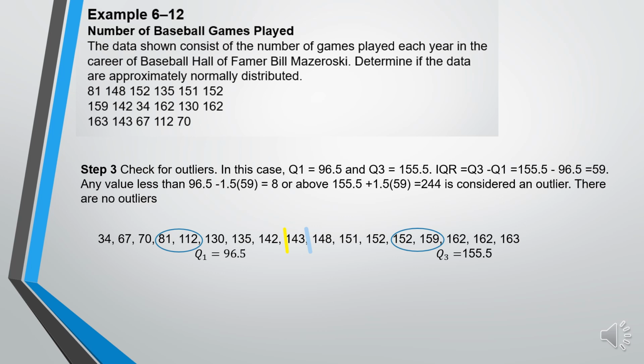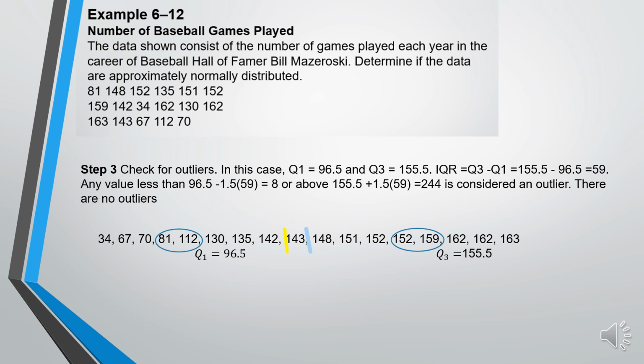So if we get the interquartile range of these two, we just need to subtract quartile 1 from quartile 3. So 155.5 minus 96.5 is equal to 59.